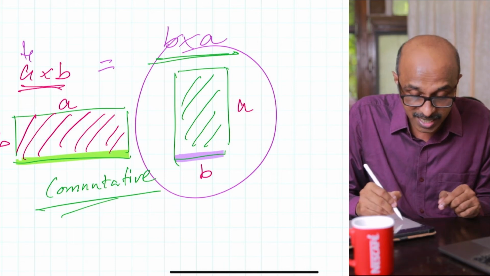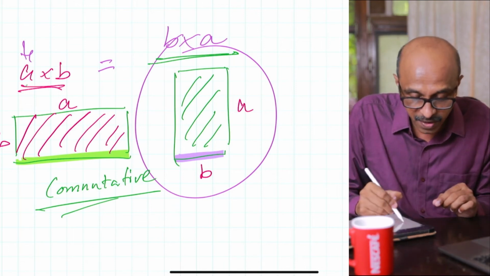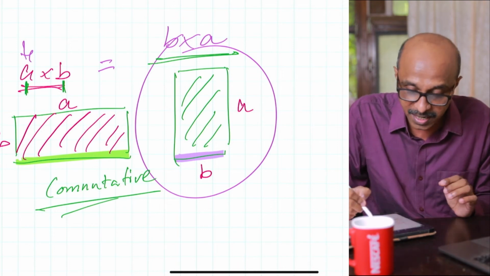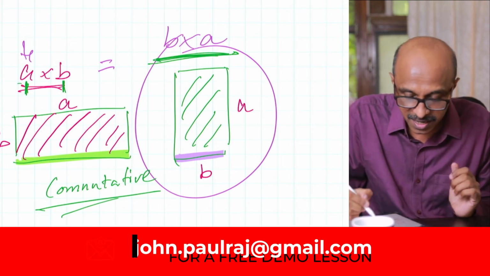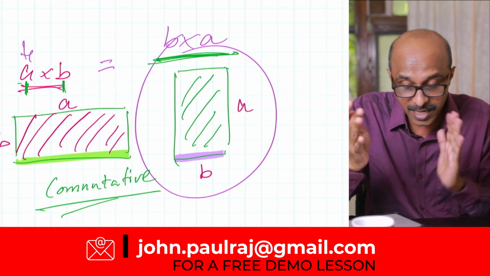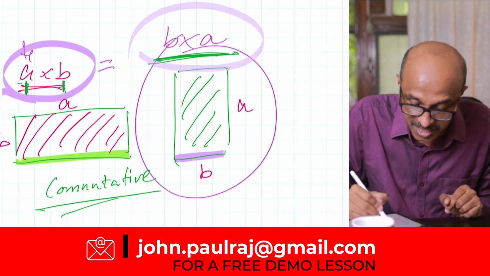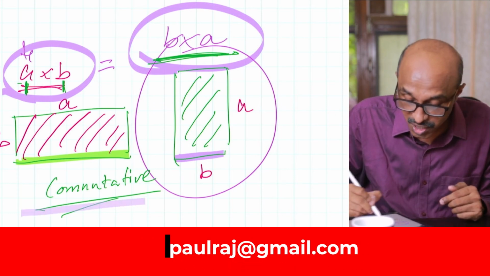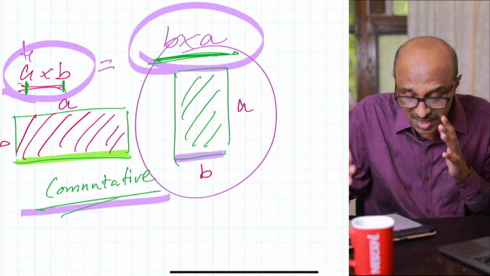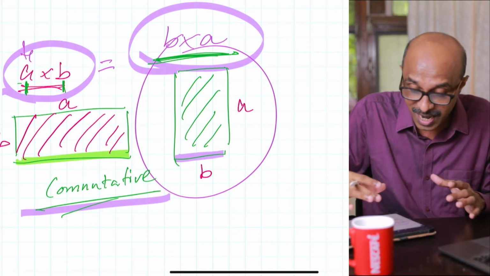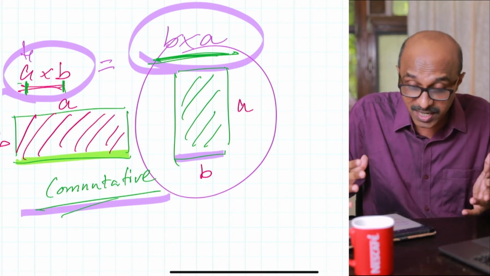As I explained using the rectangles, the first number is the horizontal side and the second number is the vertical side, and when we change the orientation of the rectangle, the horizontal side and the vertical side get switched, which means a times b will become equal to b times a. We call it the commutative property of multiplication. So all these properties really come to life when you actually see multiplication as the area of a rectangle.